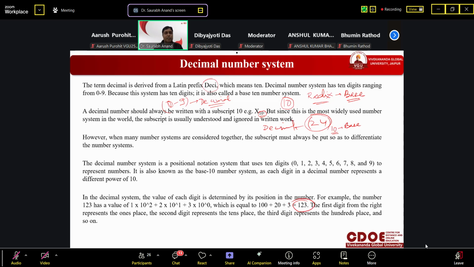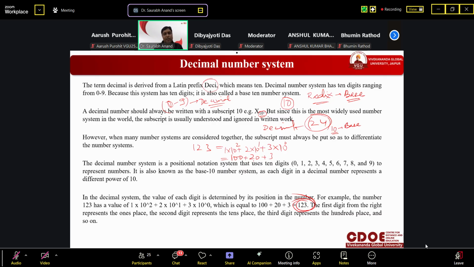You have already studied in 6th, 7th the expansion of a number. So 123 is written as 3 into 10's power 0, plus 2 into 10's power 1, plus 1 into 10's power 2. So it is 100, it is 20, it is 3.